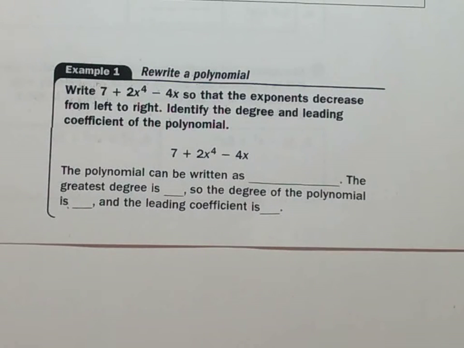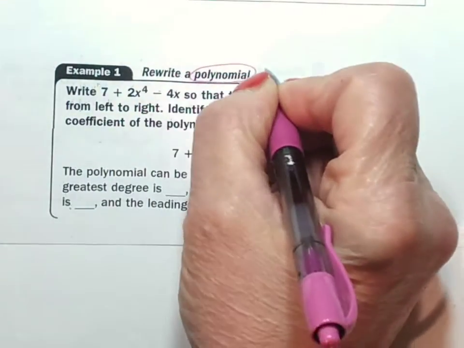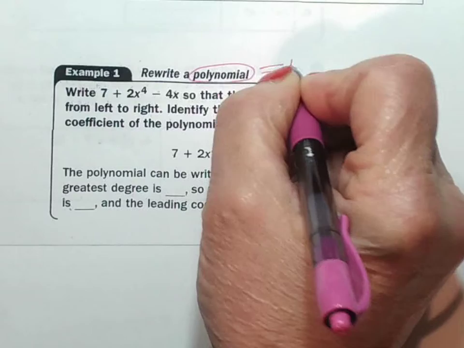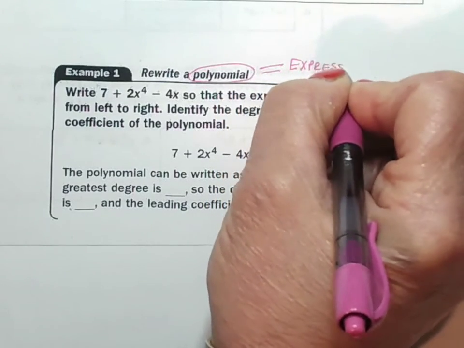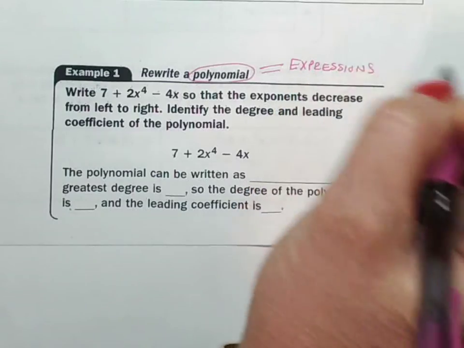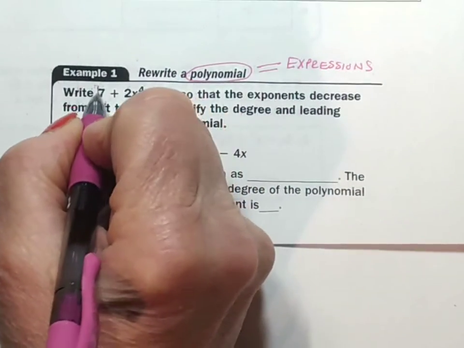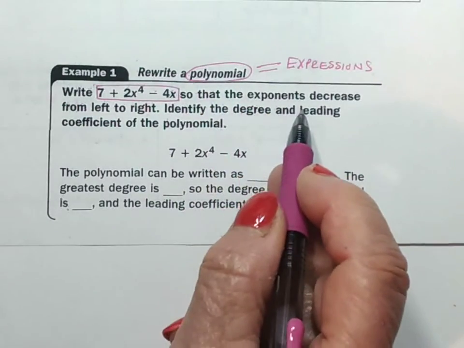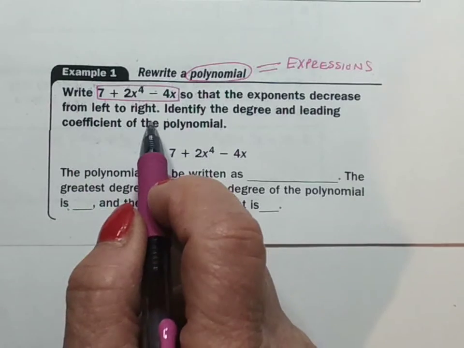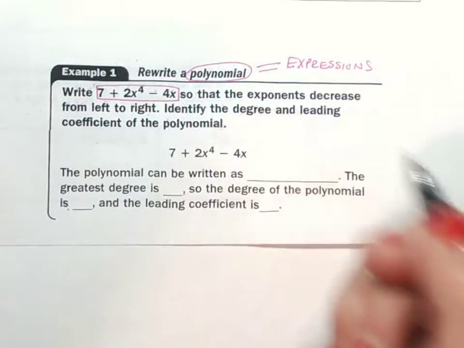Remember? Polynomials are expressions. And it says write this polynomial so that the exponents decrease from left to right. So that's the first thing we're going to do.